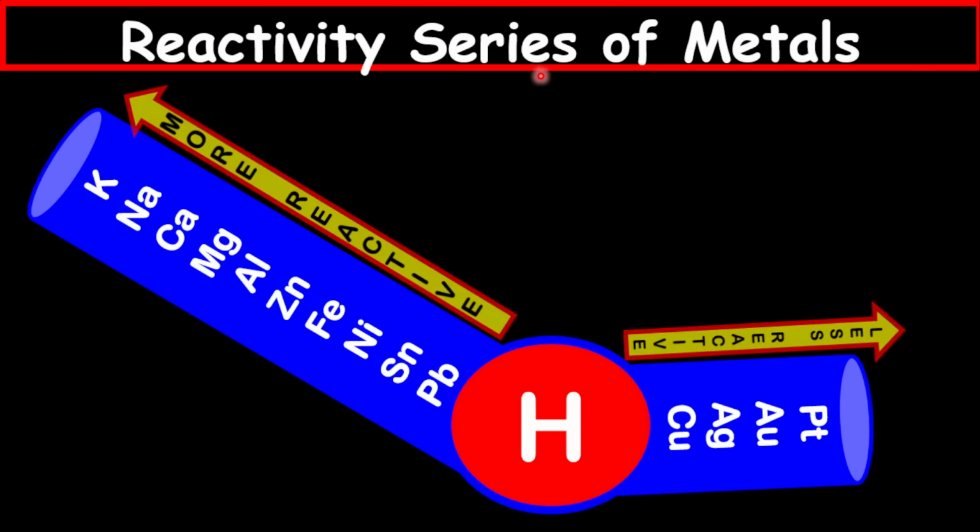It's simple to know the reactivity series of metals. All of this on the left is more reactive than hydrogen, so they can replace or displace hydrogen in an acid.